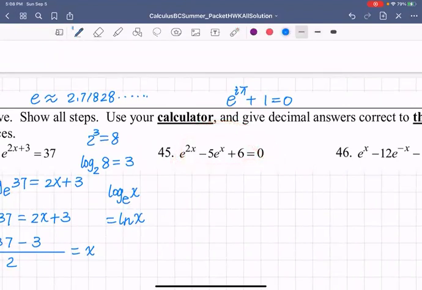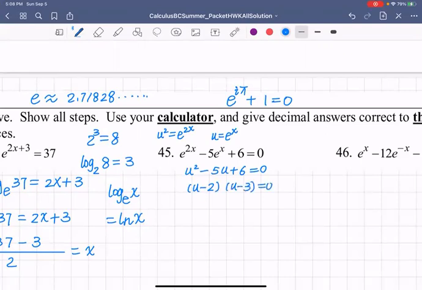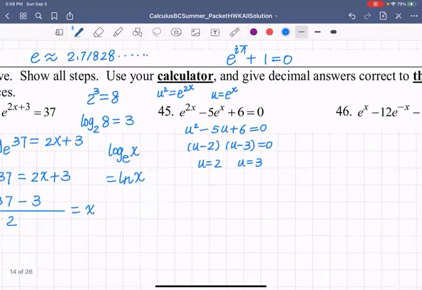Here, we are going to do the u substitution again. Go ahead and replace by u. U minus 3 times u minus 2 equals 0. So who equals 2?